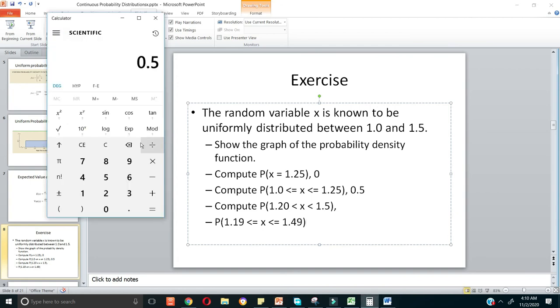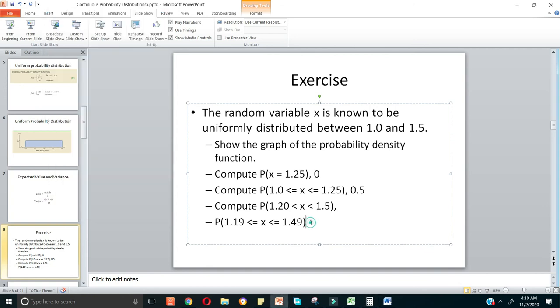What's the difference between the two limits? 1.49 minus 1.19 gives you 0.3. Then you compute by the height of the graph. The height of the graph was 2, so that's 0.6. It should give you 0.6.